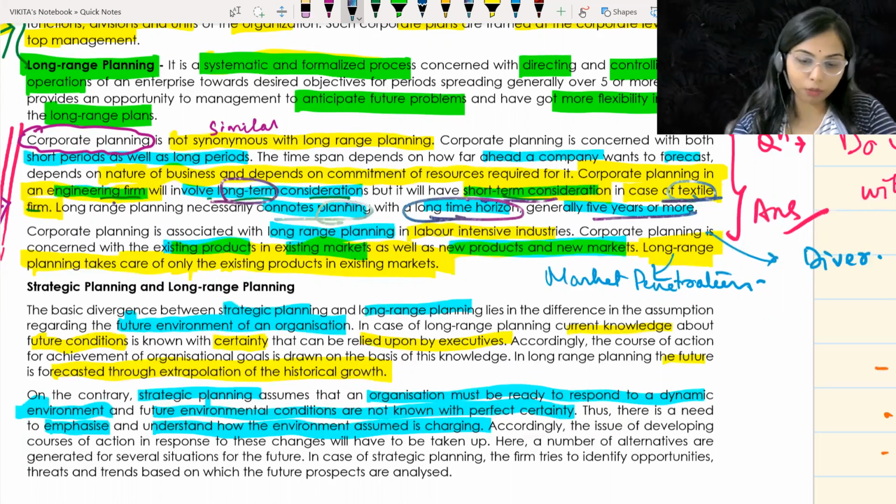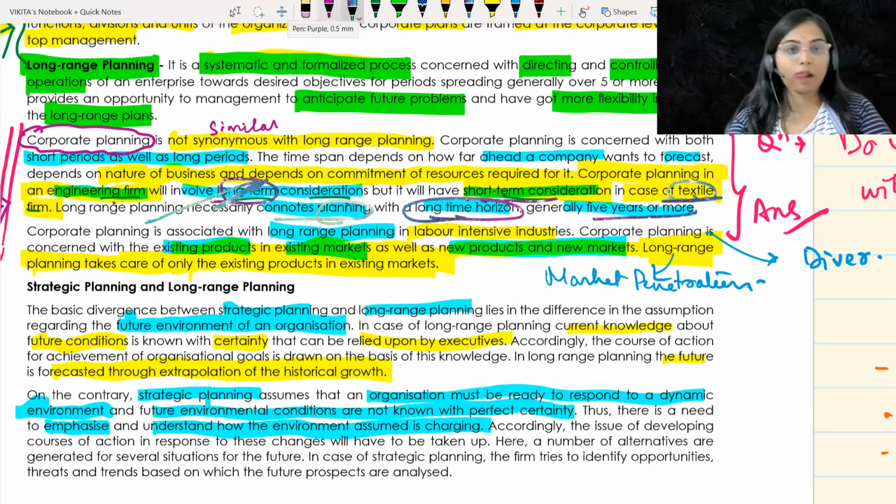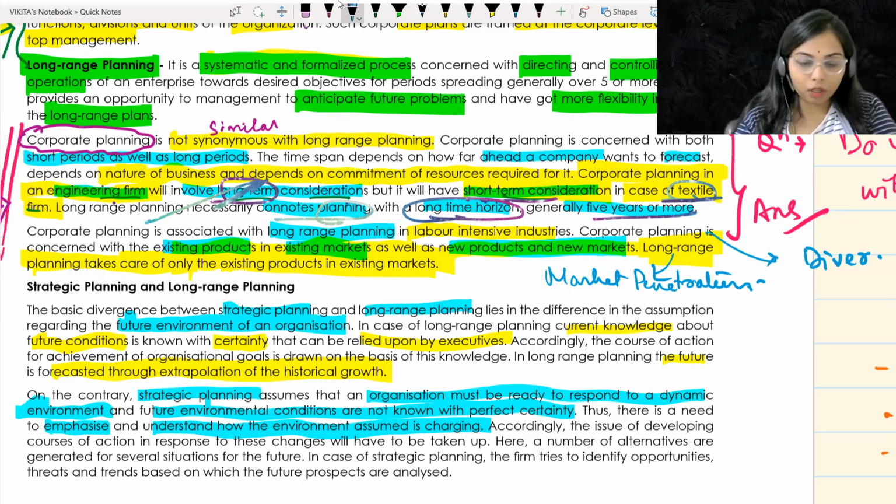I hope you have understood. Okay, everyone has understood? Super. The corporate planning is associated with the long range planning.